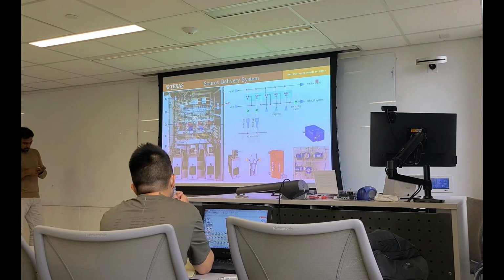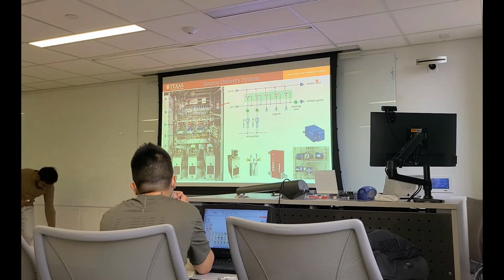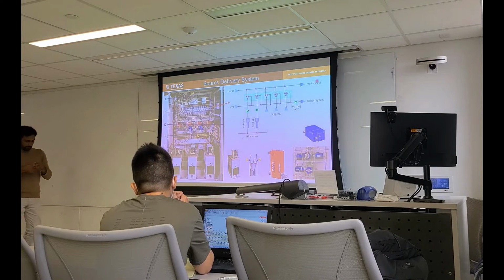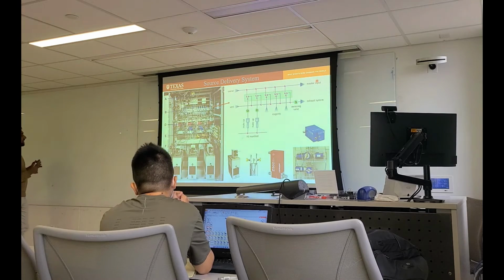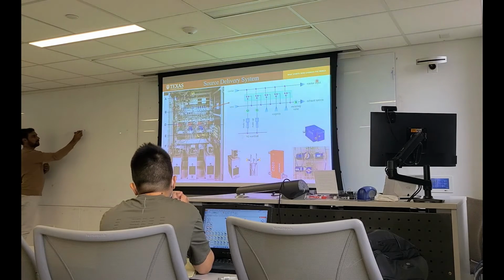Suppose for the growth of gallium nitride, this is sapphire, and then you have grown gallium nitride. Then you want to grow InGaN quantum wells in GaN material, or superlattices, whatever you want, very thin layers around 10 nanometer thickness.